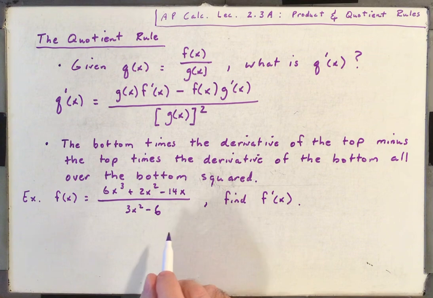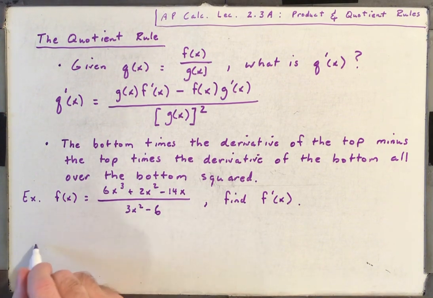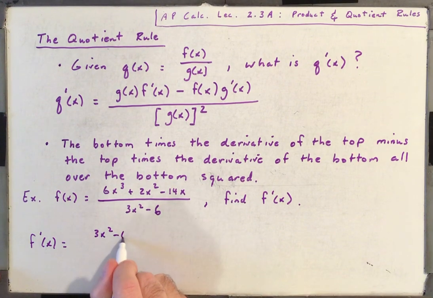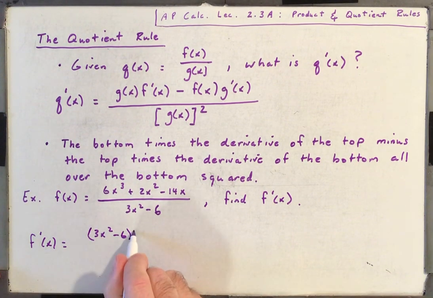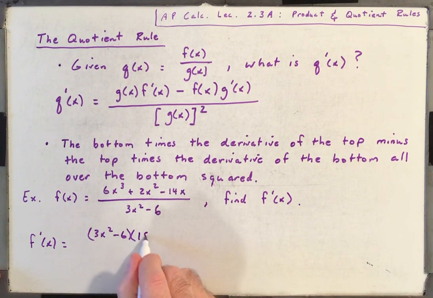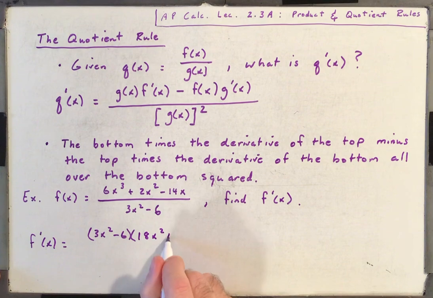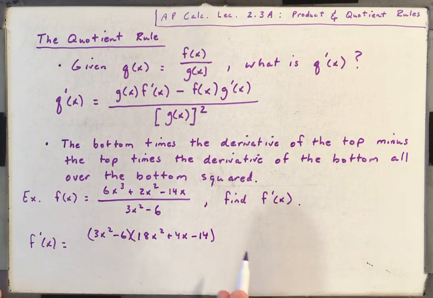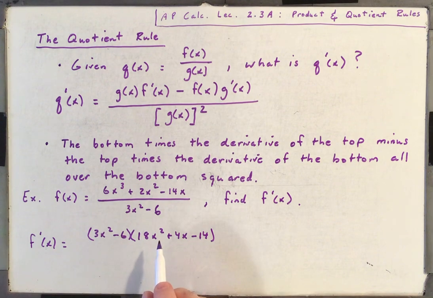Okay, let's go through the chant. The bottom. So f prime of x is equal to the bottom, 3x squared minus 6, times the derivative of the top, 18x squared plus 4x minus 14. Okay, so we're a third done.